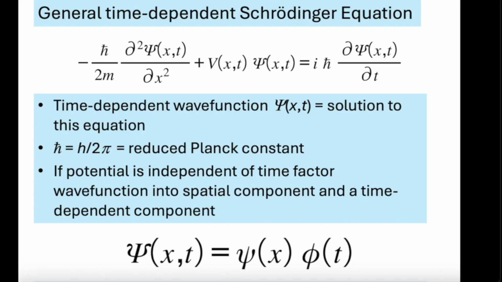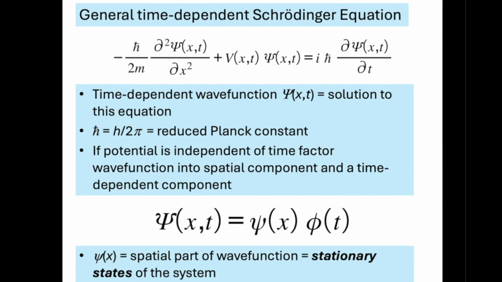That time-dependent wave function can be factored as a spatial component times a temporal component. And this spatial component, the spatial part of the wave function, describes the stationary states of the system.